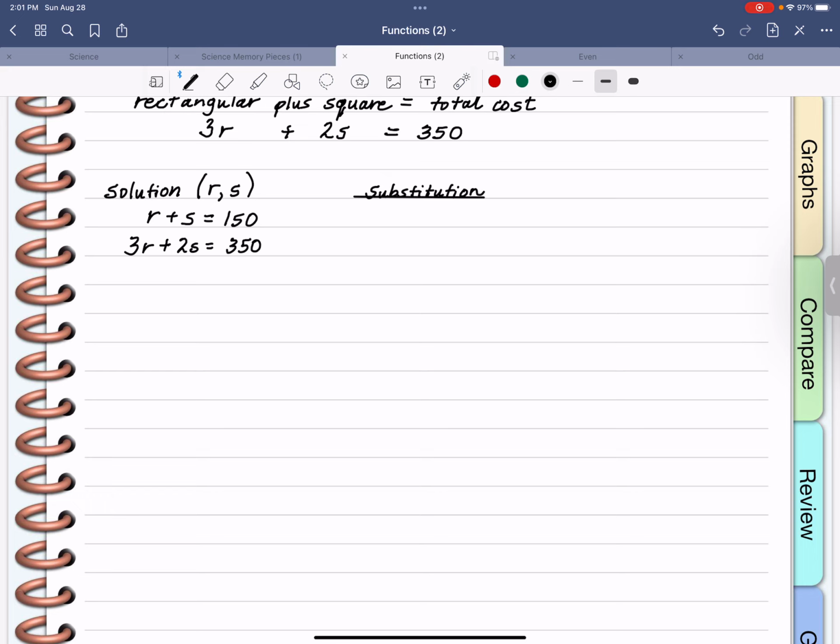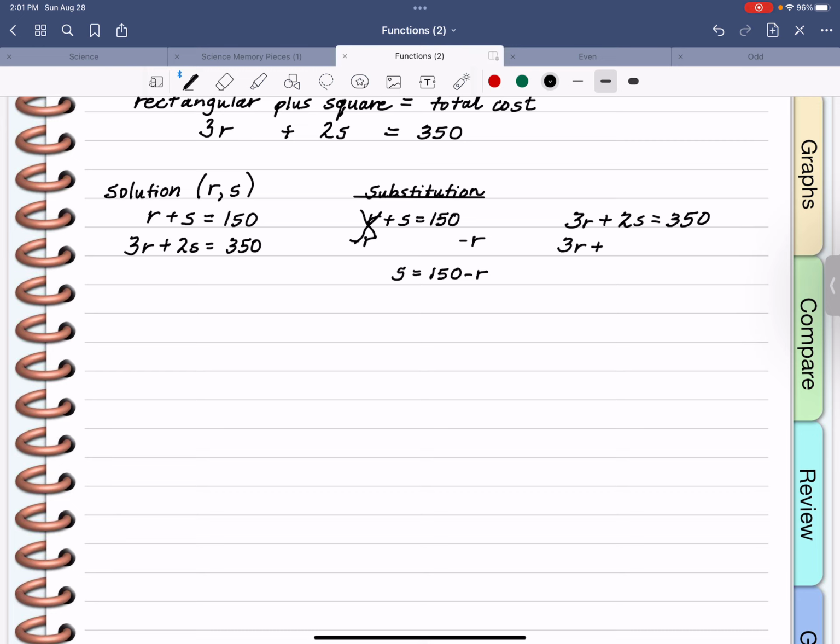So starting with substitution, I'm going to solve this simpler one first. And you have to decide if you want to work with the R's or the S's. I'm just going to go ahead and move the R because it's here in front, and I'll put it over here. I'll cancel it here, so we're left with S equals 150 minus R. Then I bring the second equation over here. And instead of S, I'm going to use the value I just found.